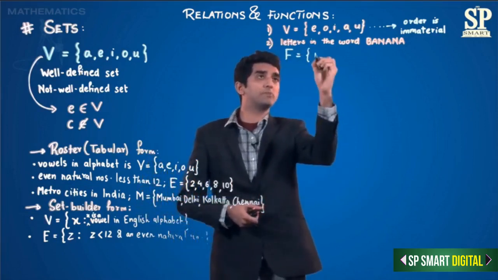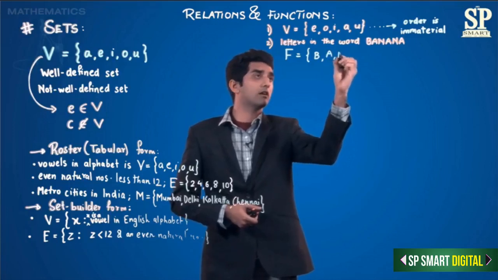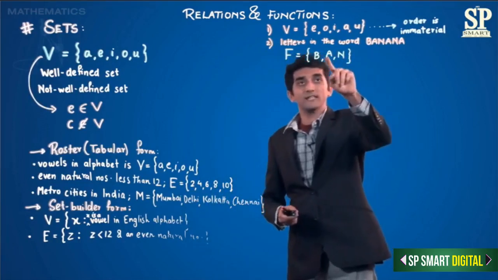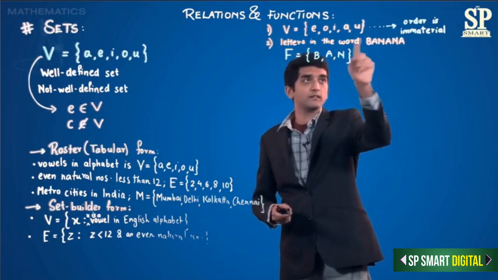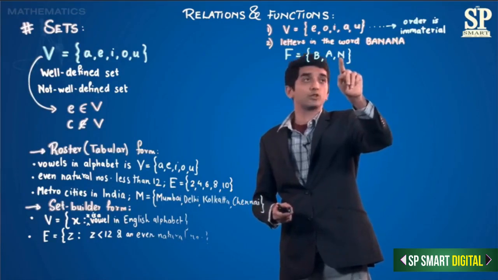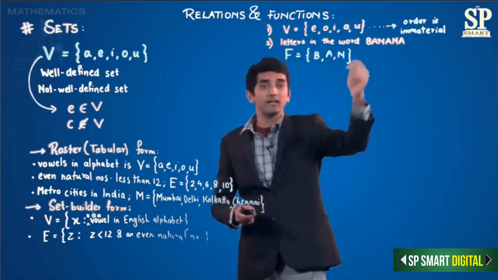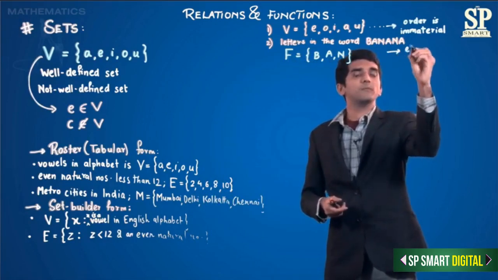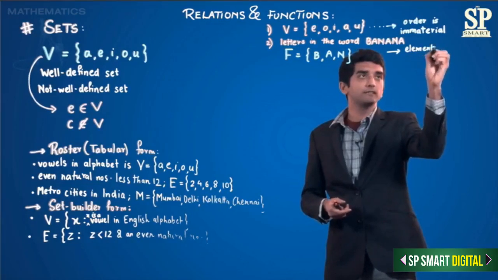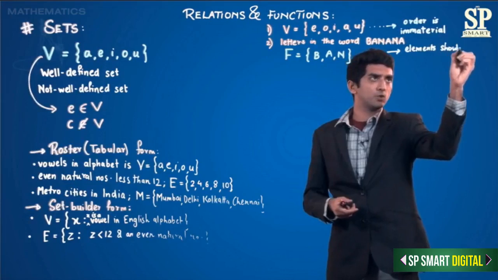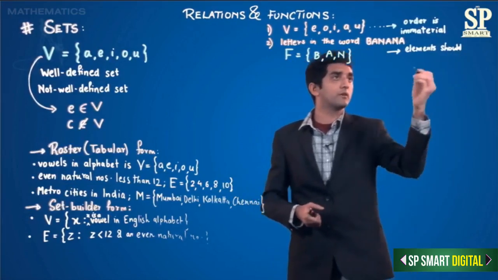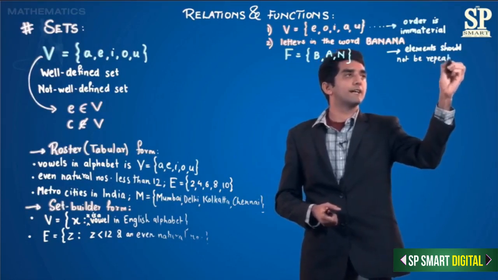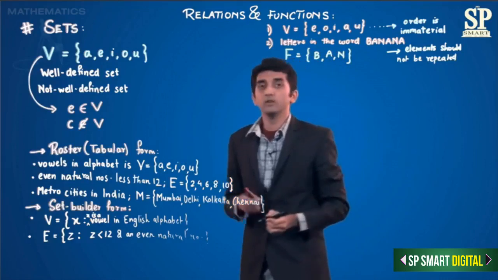Then I'm going to write B, A, N, and that's it, because I will not write A again because then it will repeat the element which is there already here. I cannot write N again because N is also written once, and likewise I cannot write the last letter A as well. Point being, elements should not be repeated. These are the two major conditions that we need to remember while we write a particular set in the roster form.